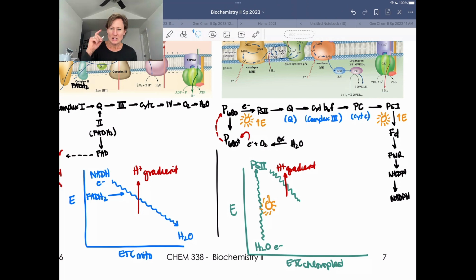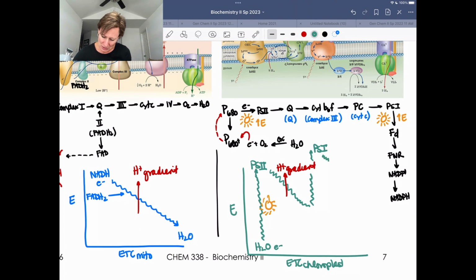Okay, now what's going to happen is we are going to get to a point where these electrons are going to get excited again in photosystem 1. The reason that those numbers are backwards is they actually discovered photosystem 1 first, but it actually comes second in the sequence of events here.